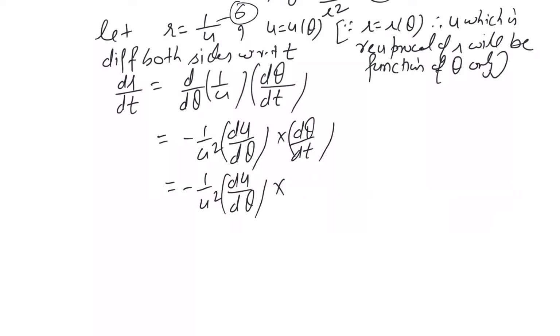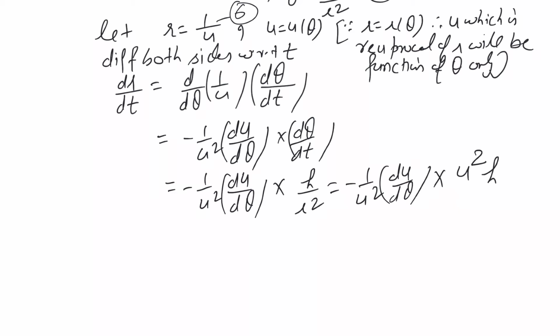Using equation 5, this is h by r square, minus 1 by u square du d theta, and using equation number 6 where 1 by r square is u square. Okay, and this will be h, this will cancel out, so we are left with minus h du d theta. This is dr by dt.